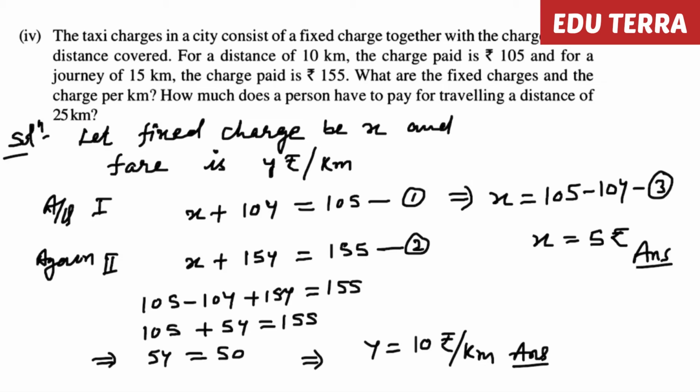So for 25 kilometers, see, 5 plus 25 into 10, this implies 255 rupees. 255 rupees for the 25 kilometers.